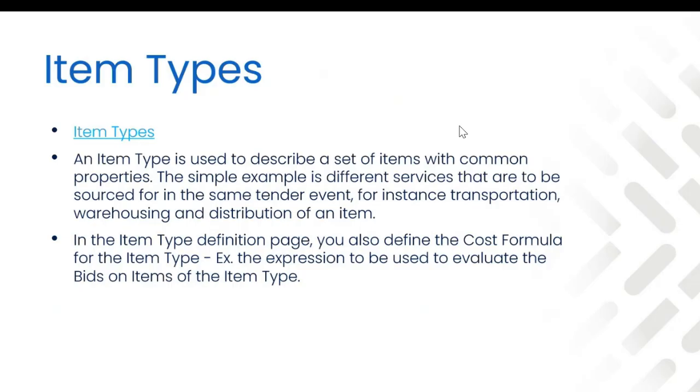In the item definition page, we can also define the cost formula. I'm going to show you later on. But as I said before, this is not the only place where we can configure the cost structure. Actually, many customers regularly use different cost structures because they want to see different approaches in their analysis. So it is doable here in CSO.